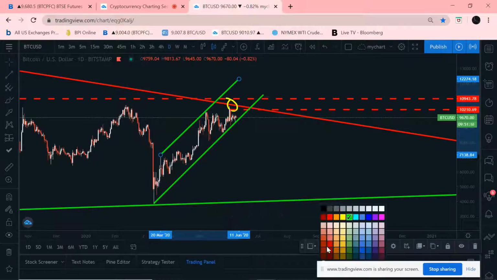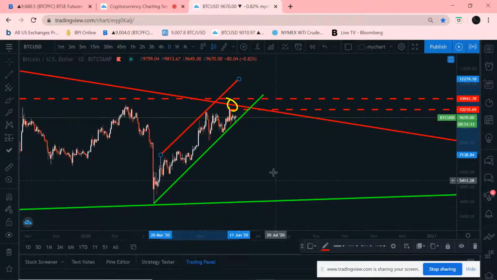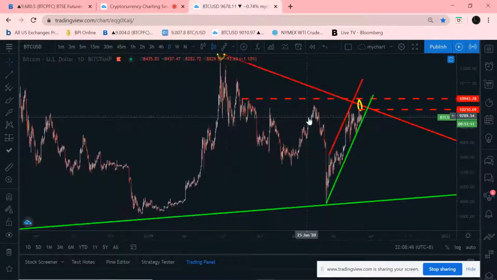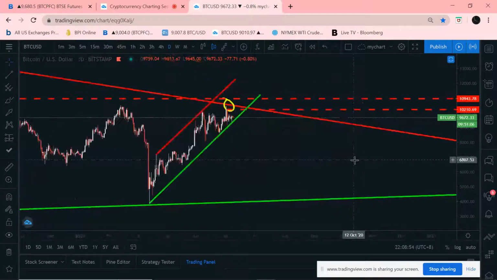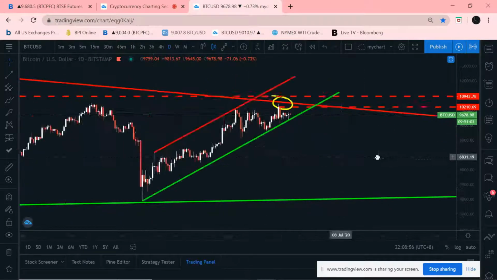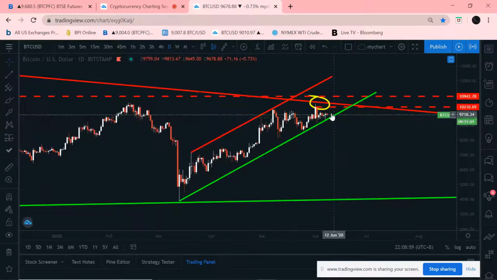As you can see, the trend is going up, and at this level, it is actually at support area. So I think the probability of it breaking this resistance is much higher than breaking this support, because it's already at support area.